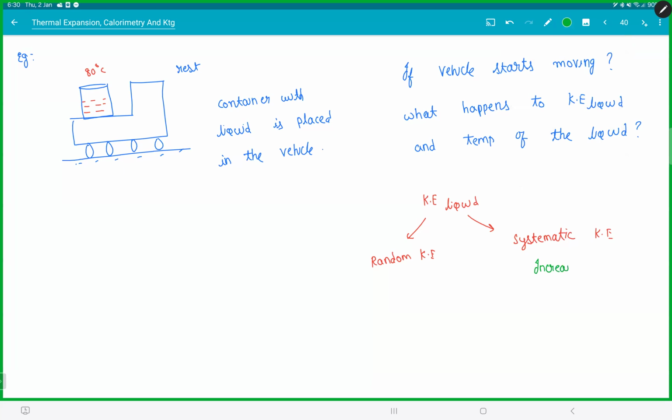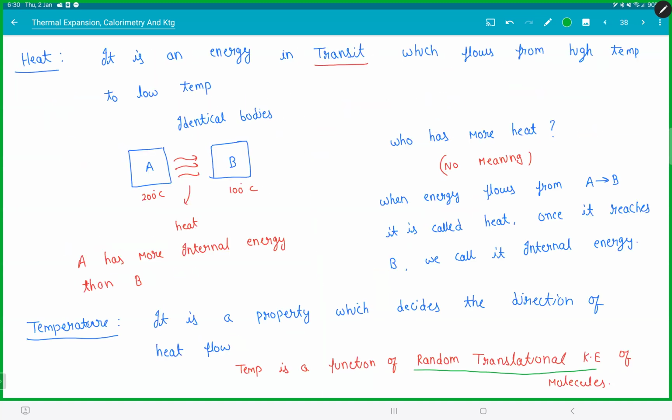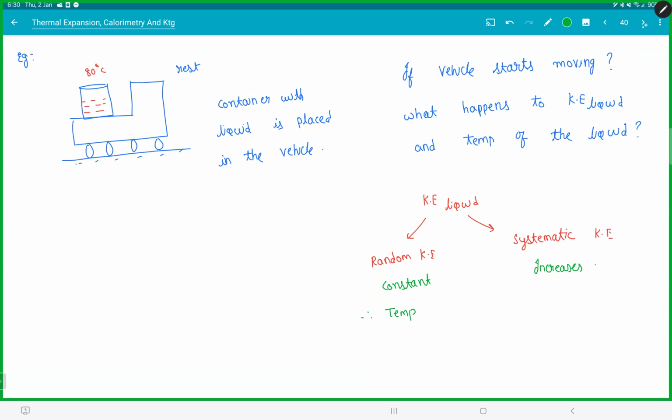The molecules started going more systematically. So if you take a glass of water and start running, temperature won't rise. The random kinetic energy didn't increase at all, so this is actually constant. Therefore, temperature is constant. That is the reason for writing the statement. It depends on random kinetic energy, not kinetic energy. You can increase the kinetic energy of the system without increasing the temperature.